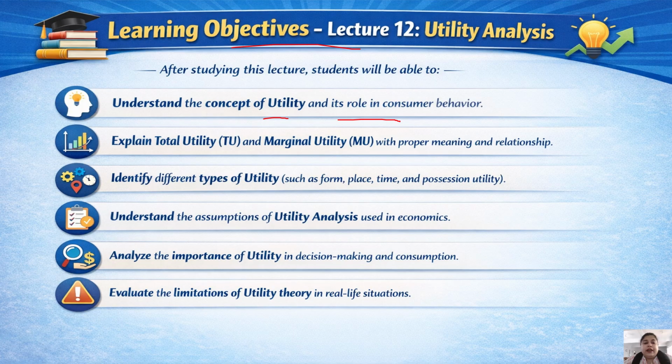Also identify the different types of utility. Then understand the assumptions of utility analysis, and analyze the importance of utility in decision making and consumption. And the last is to evaluate the limitations of utility theory in real life situations.